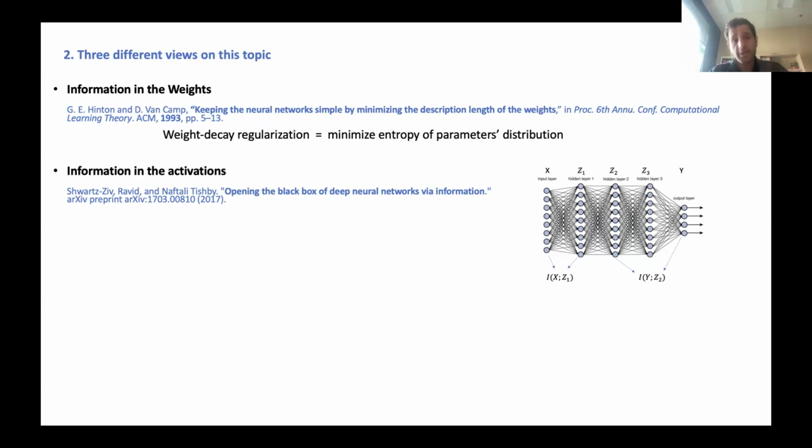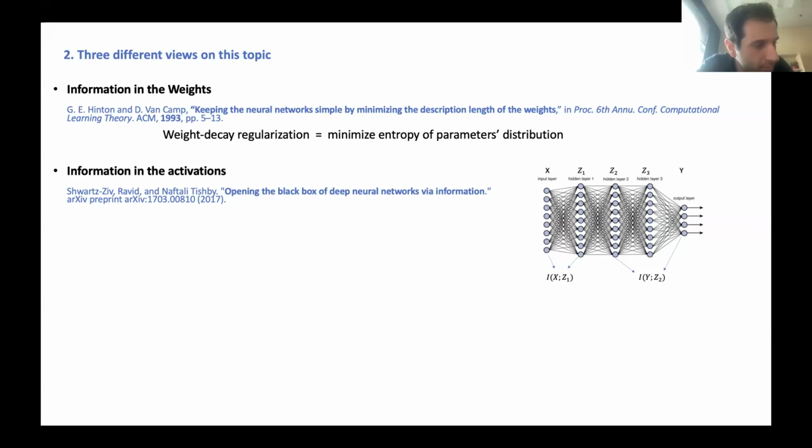What I know and what I learned from this paper is that with the L2 regularization, you're minimizing the entropy of your parameters, and the distribution of parameters appears as a Gaussian, as you said. But I'm not sure if you change it to L1. I assume that's a Laplace. You can show that it's a Laplace. It's probably going to have the same effect.